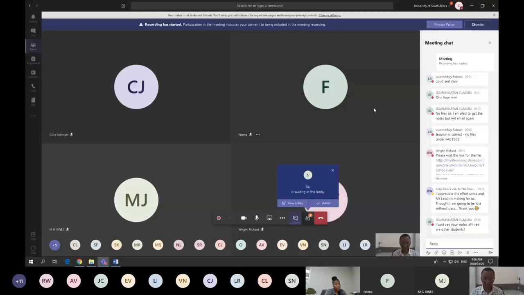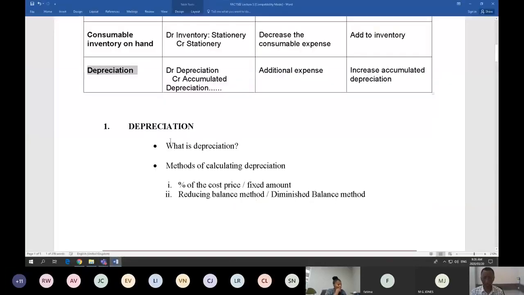Now, just a little bit further down on your notes, I've now explained to you guys what depreciation is. The methods of calculating depreciation, there are basically two methods that you guys must be able to use whenever you do exams.